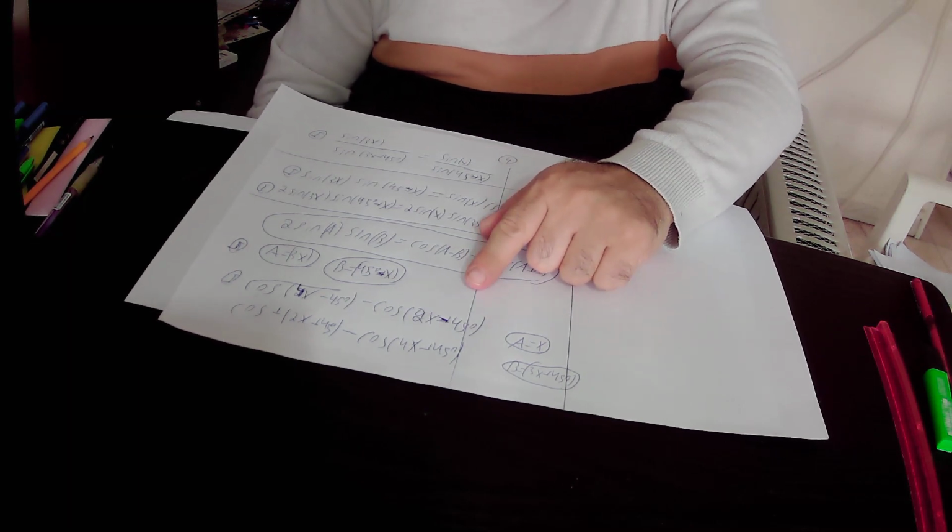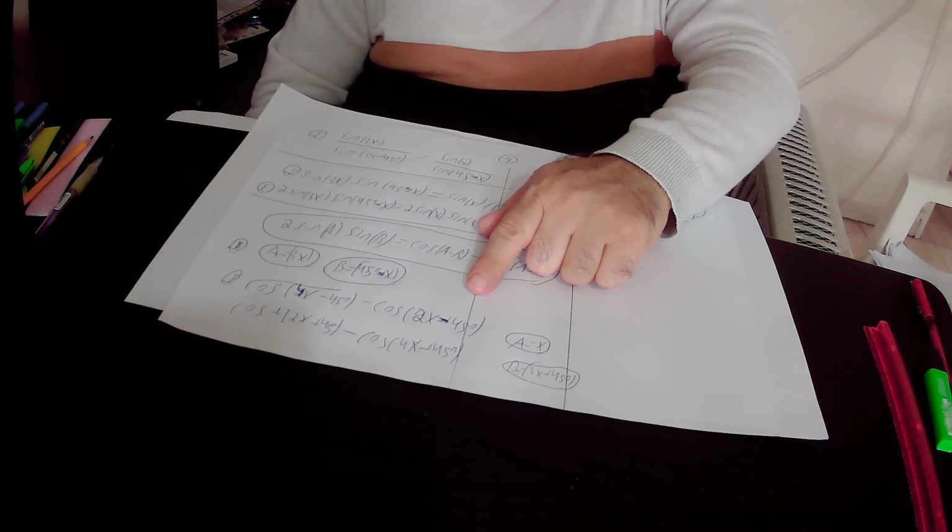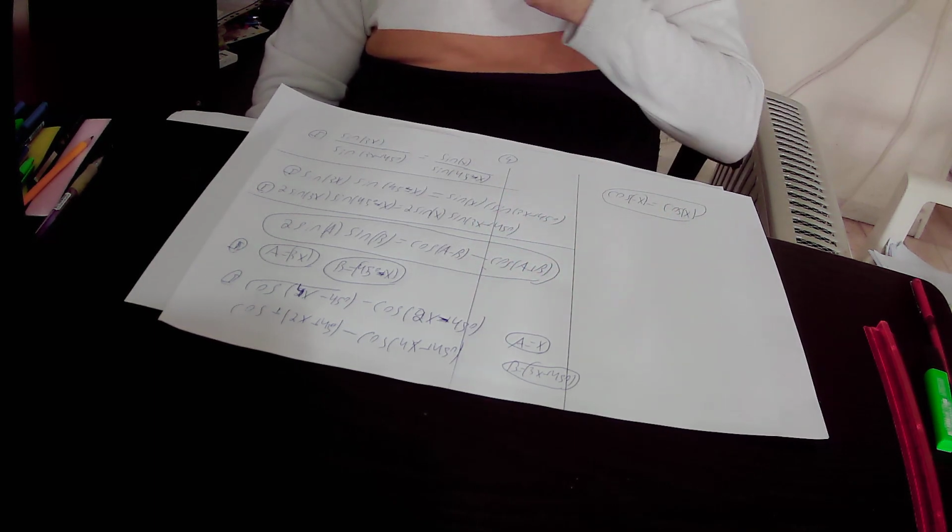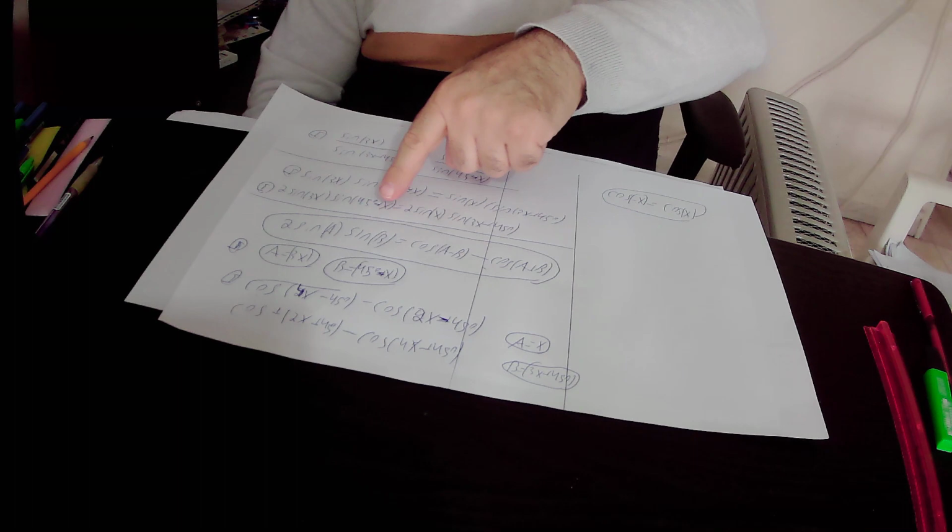So we got here cosine (4x minus 45 degrees) minus cosine (2x plus 45 degrees). So we finished with this expression.